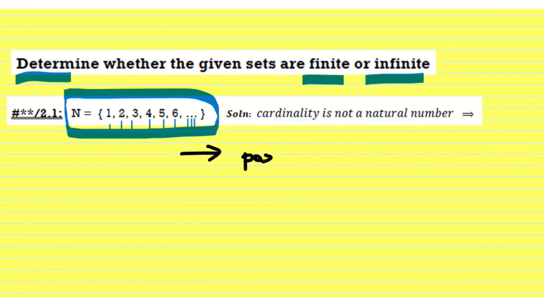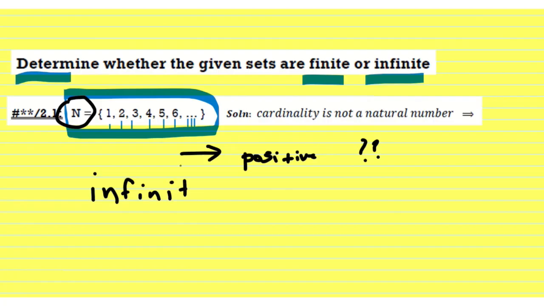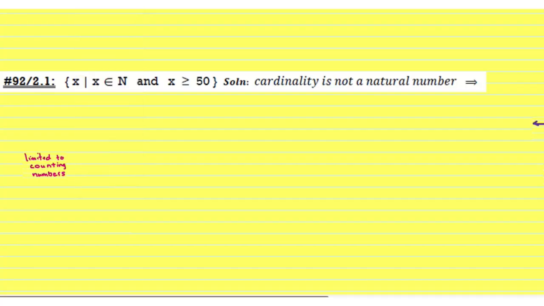So it's a positive direction, but we do not know where it ends. We do not know. It's like, that's a mystery. So therefore, if we do not know what the final number is, we do not have a definite number, this means that set n is infinite. It is an infinite set.